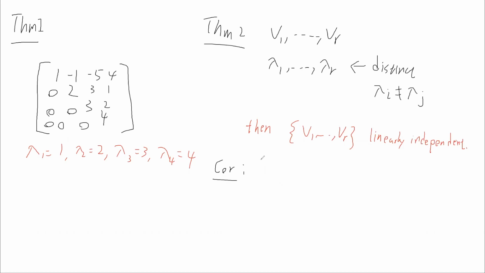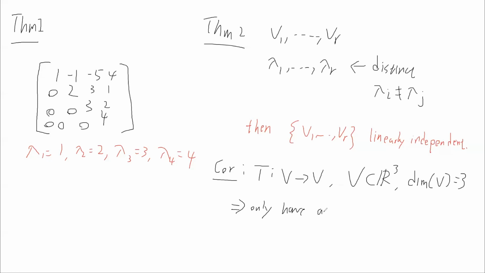So for example, if I have T mapping from V to V, where V is a subspace of, let's say, R3, and we're assuming that the dimension of V is 3, therefore you can have at most 3 distinct eigenvalues.